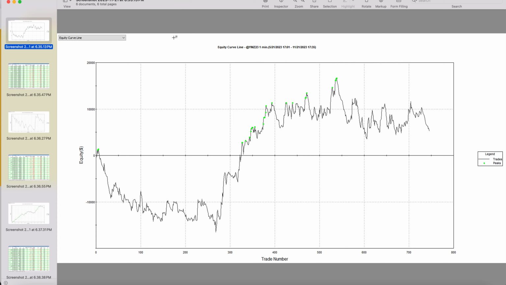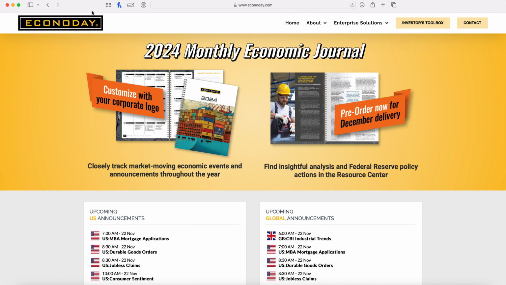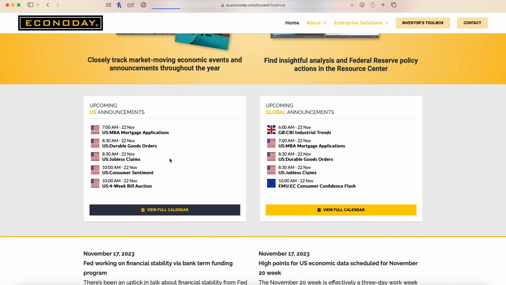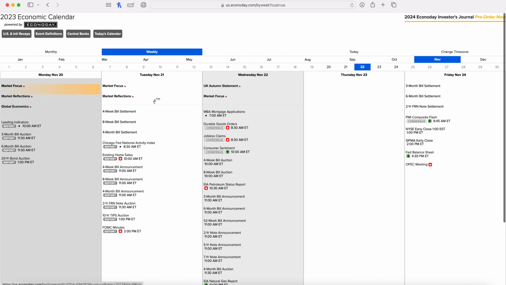And I was going to show you, let's actually jump over to the internet real quick and go to econoday.com. It's a handy website, so we can go down here to view full calendar, and there you go, the activities of the week.